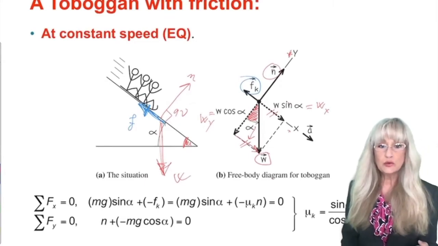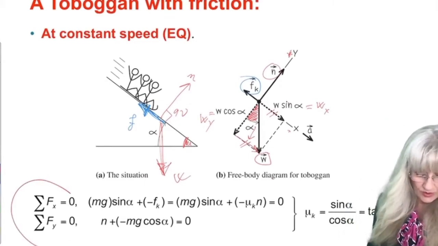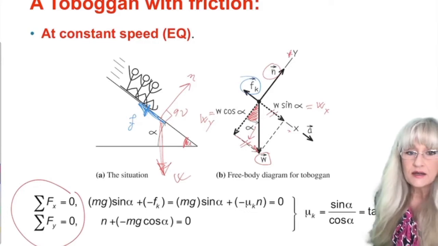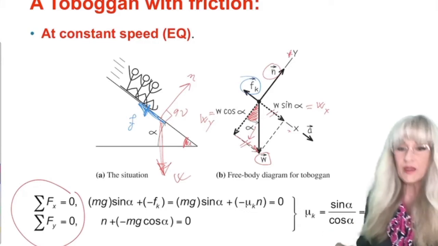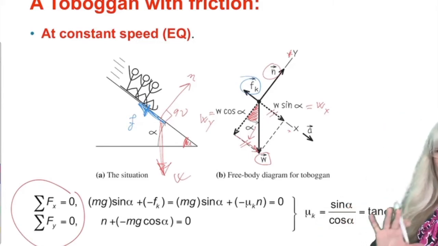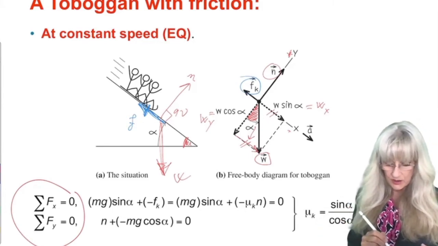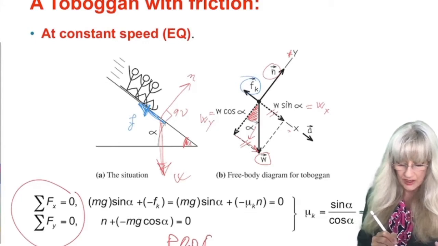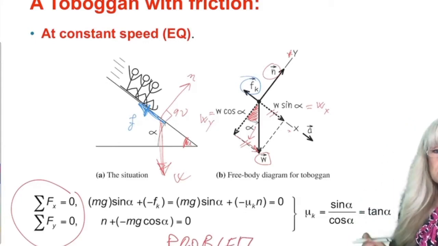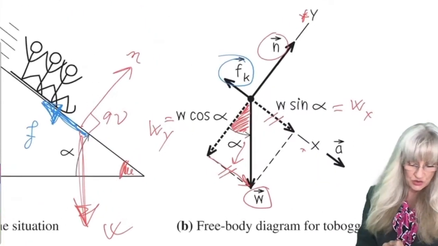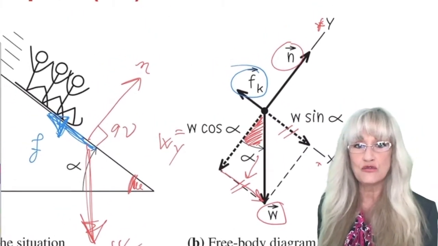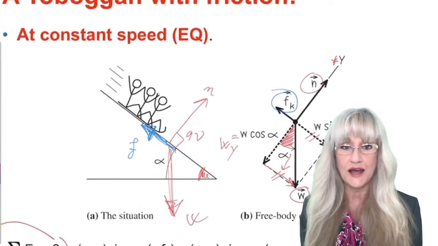If we want to write the condition for equilibrium, you can easily come up with this equation. But don't worry, we are going to do a problem together, so you're going to see step by step how it works. For the moment, I just want you to visualize these forces and draw the free body diagram.